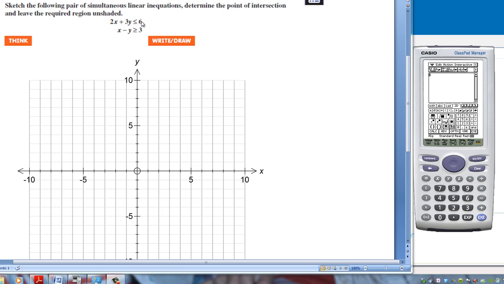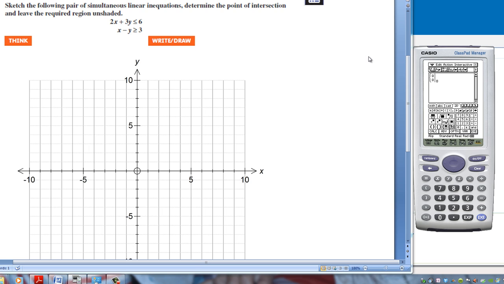So the first thing is these will both intersect each other, and I can work out the intersection point of the two linear inequations by using the simultaneous equations template or using my calculator, the ClassPad calculator.